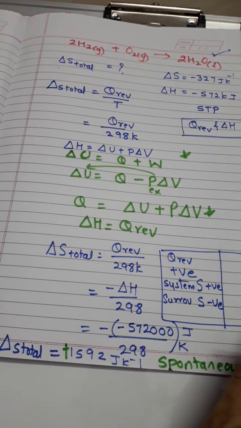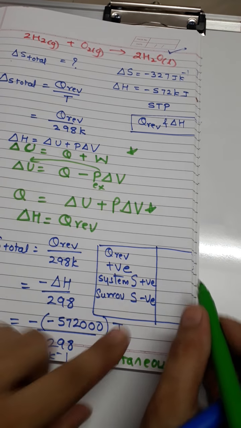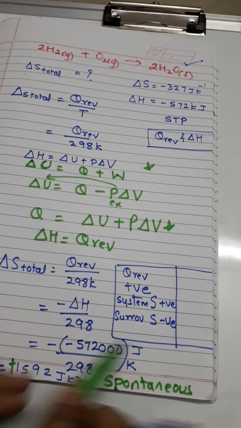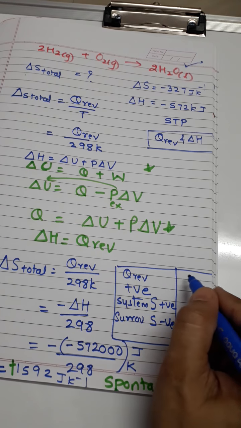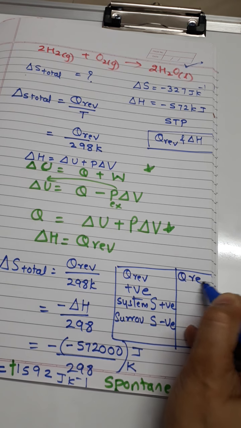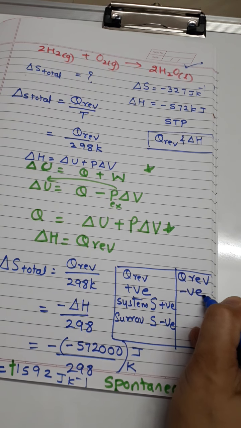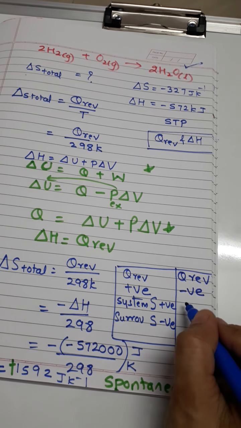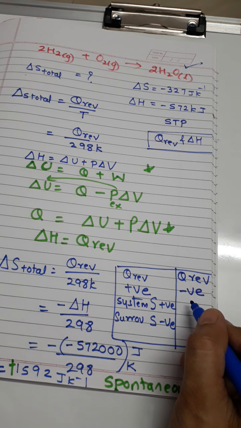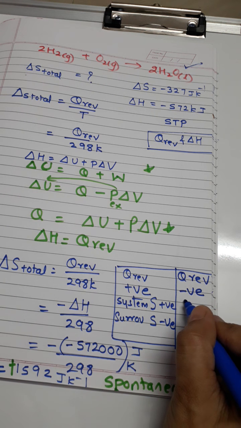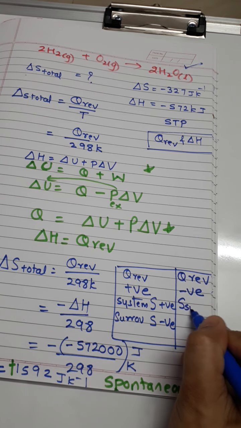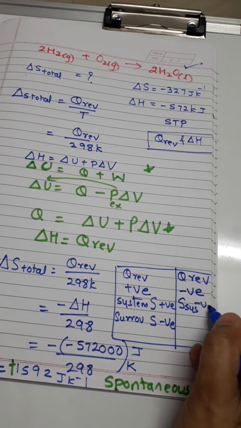Now in this section I would like to mention, suppose the heat is removed from the system. From the system you are removing heat. It means Q is negative, so the entropy of the system is negative.